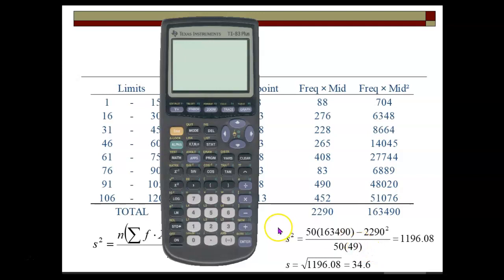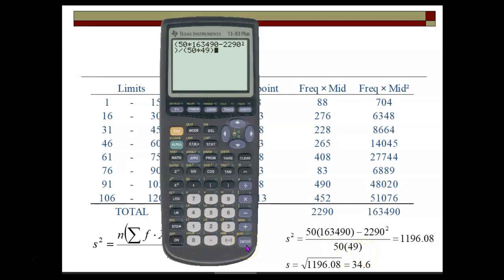So here's what this looks like going into the calculator. I would put it in as parentheses 50 times 163,490 minus 2,290 squared, close parentheses, so parentheses around the thing on top, divided by parenthesis 50 times 49, close parentheses, so parentheses around the entire denominator.